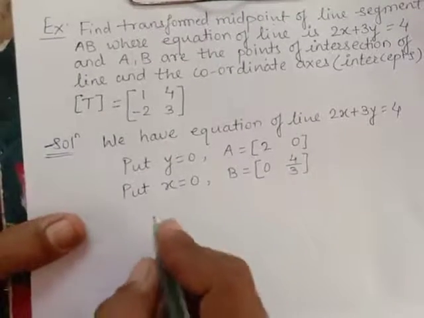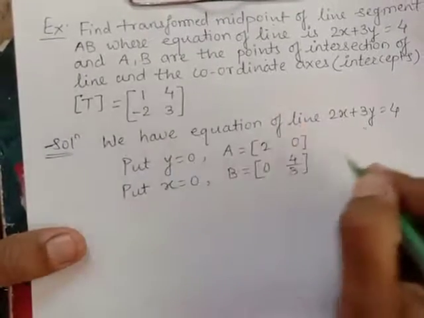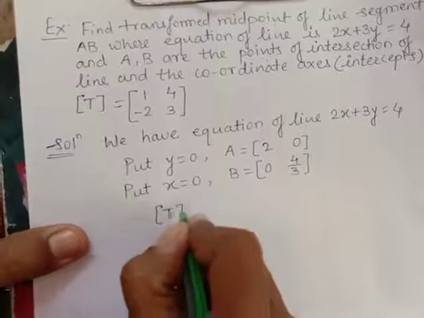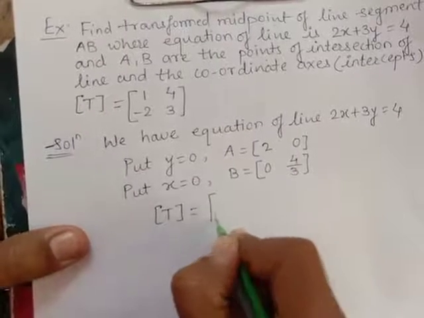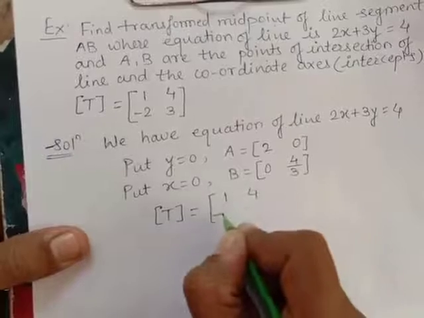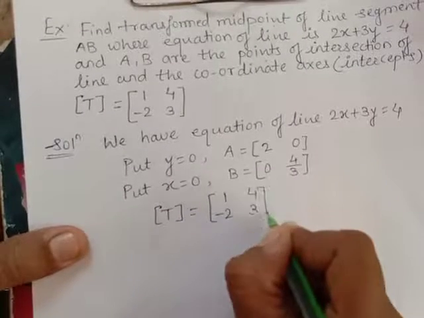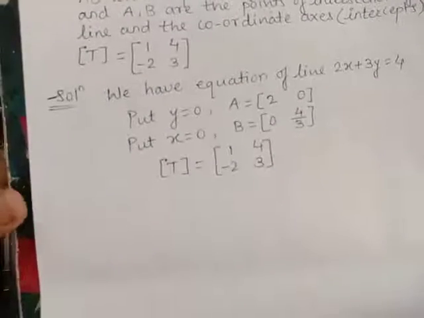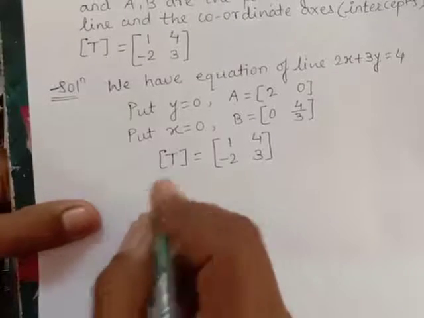Now T is with us: 1, 4, minus 2, 3. Now what is M?